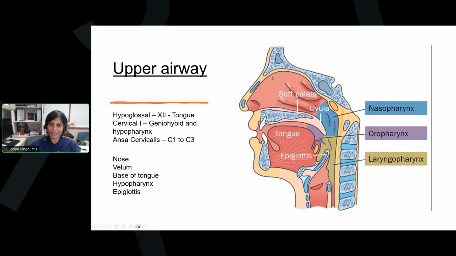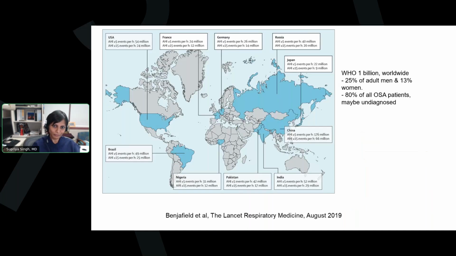It could be a deviated nasal septum, turbinate hypertrophy. It could be a long, elongated soft palate. The uvula could be floppy. The tongue could be enlarged, especially the base of the tongue. And then definitely the epiglottis could be floppy as well. And these factors play a big role in worsening sleep apnea.